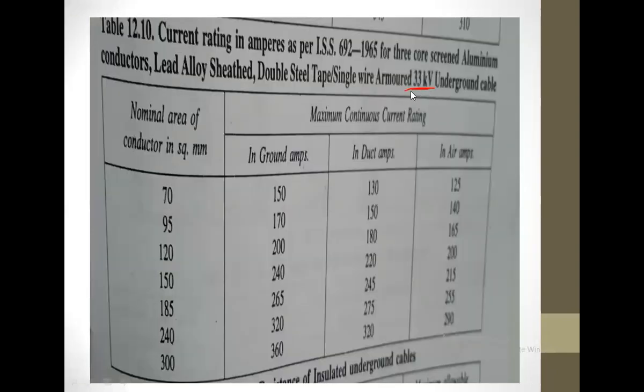In the question itself, it is mentioned that the substation is 33 kV, and we are finding the current flowing through underground cables. That's why we have to refer to this column. Okay, so which cable will you prefer?